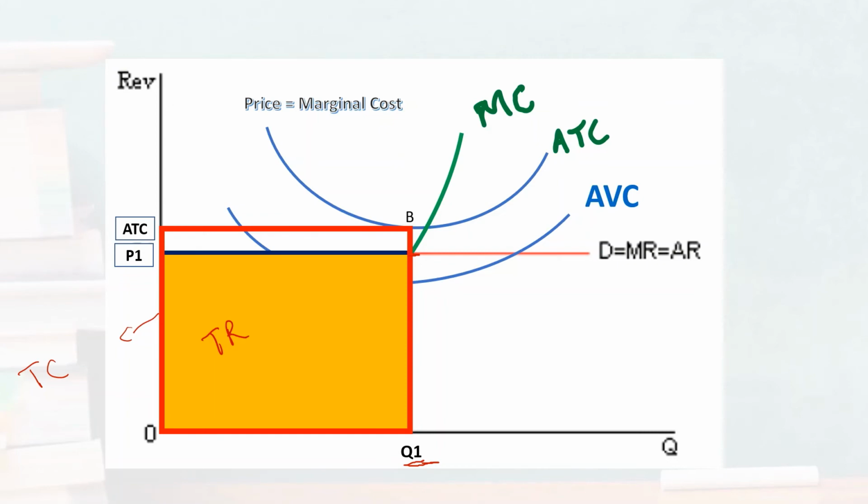By taking the difference, of course, this time the total revenues are smaller than the total cost, as you can see by the area.